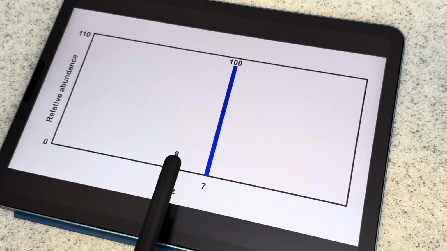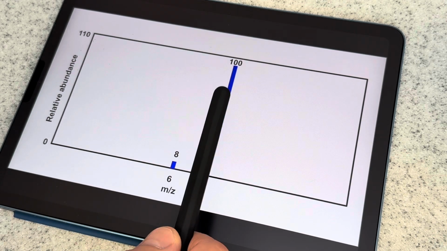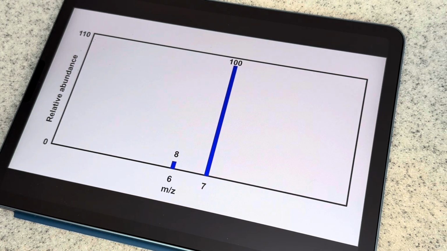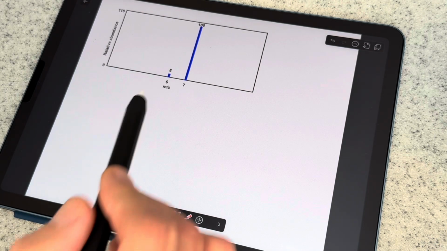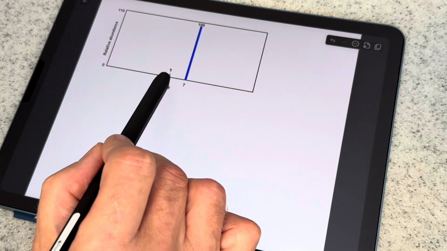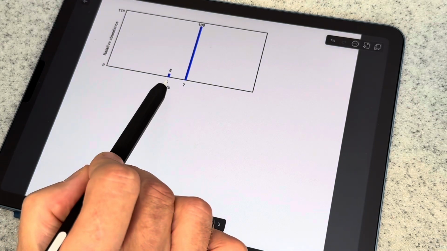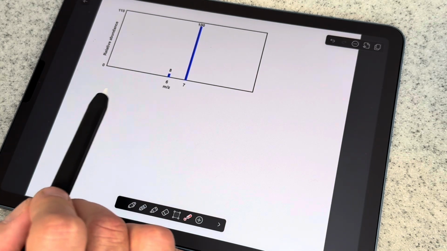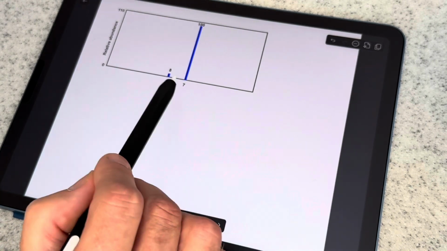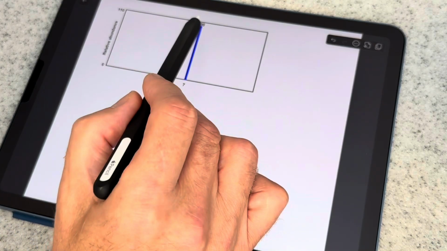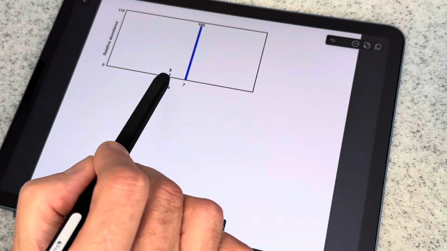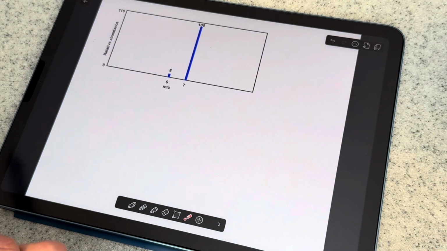So 8 of them were isotope 6, 100 of them were isotope 7. In terms of the calculation, it's virtually identical to the one you've just seen. We still take the abundance number, multiply it by the M over Z value, and then add that to the next combination. But instead of dividing by 100, we divide by the total abundance. So in this example, we're going to divide by 108.